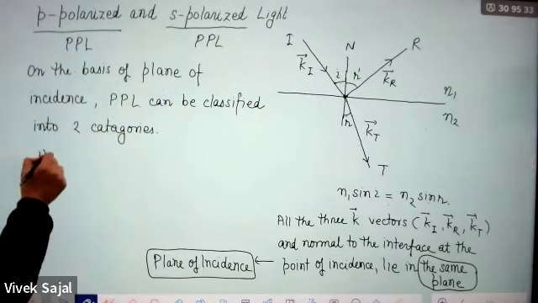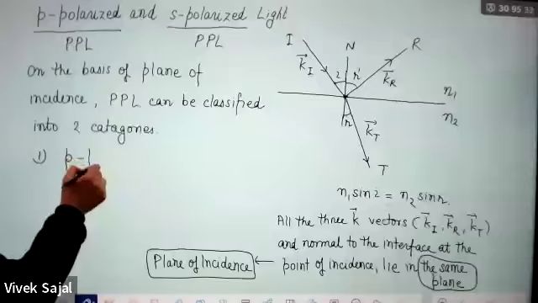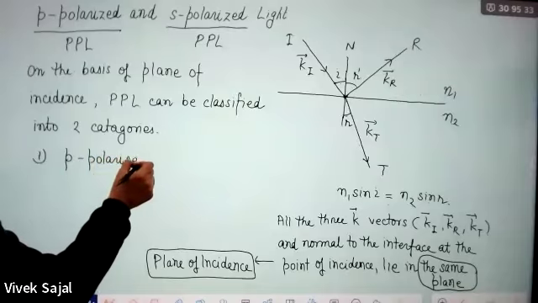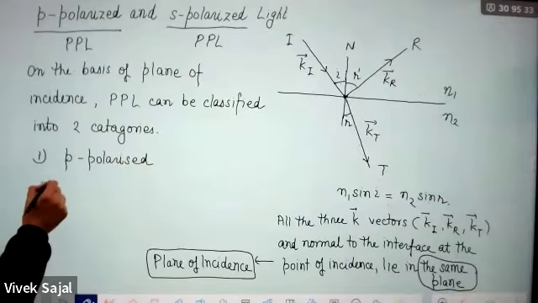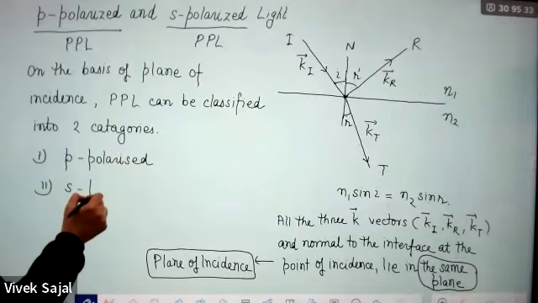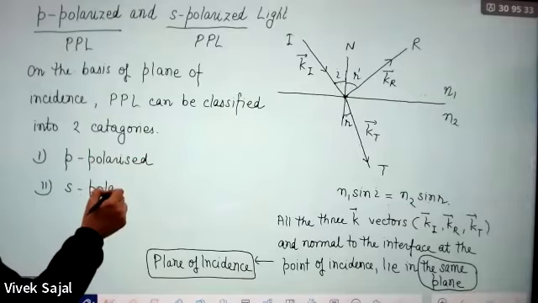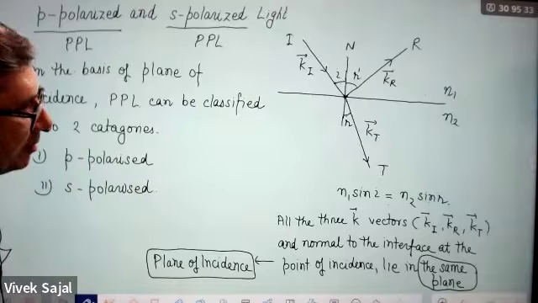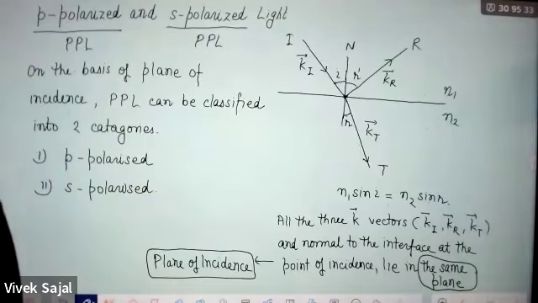Number one, p-polarized, and another is s-polarized light. P-polarized and s-polarized.